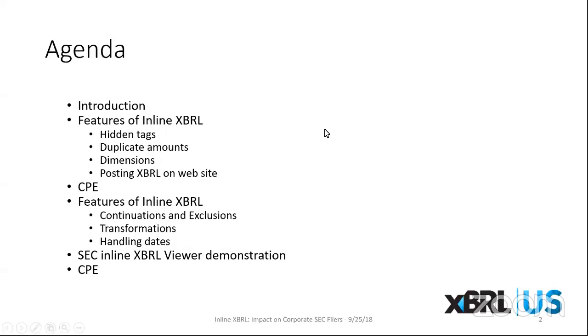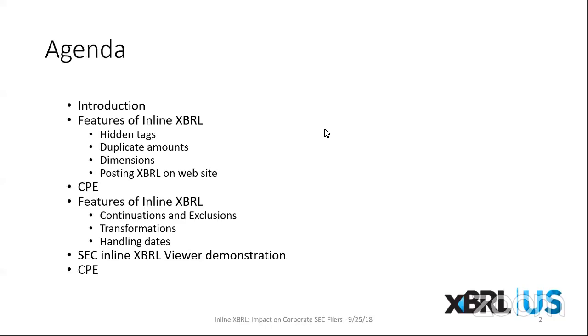For our agenda today, we're going to have a quick introduction to Inline XBRL. Then we're going to go straight into various features of Inline XBRL. What we want to do today is not really focus so much on the rule, which we did on our last webinar, but talk about the differences between conventional XBRL, which most of you are used to, and Inline XBRL. So we'll be talking about hidden tags, duplicate amounts, dimensions.